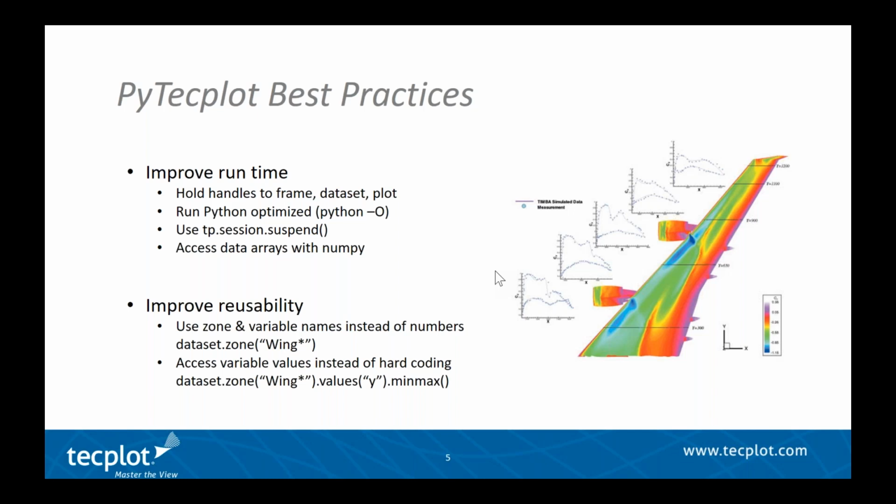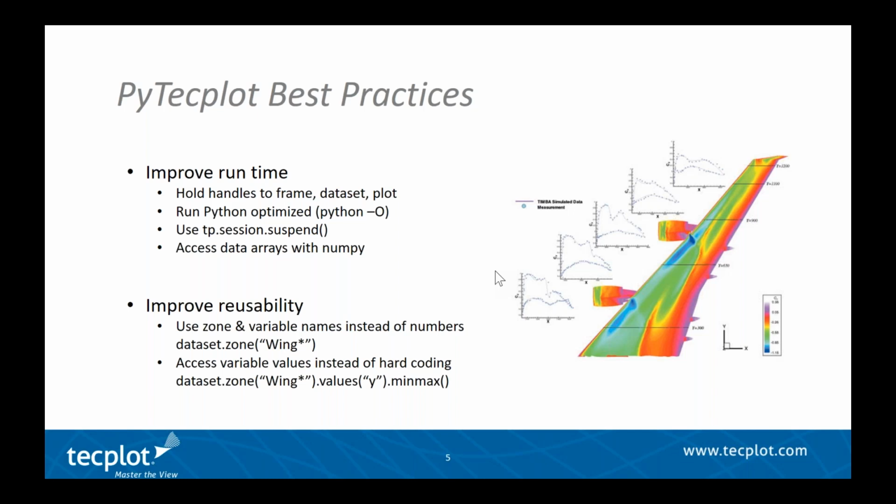If you want to access raw data, our Python layer is really powerful in that it gives you access to the raw data loaded into Tecplot 360. If you access those data arrays using NumPy, NumPy being another Python package that's very good and very quick at matrix manipulation and array manipulation, you'll have faster access to that data.